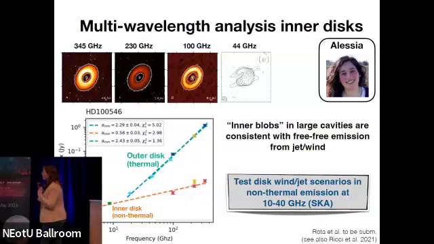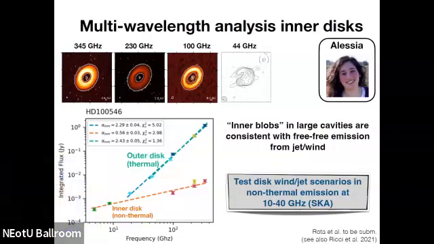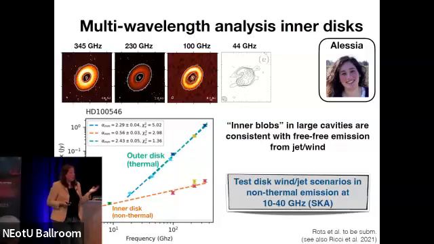There is a really cool result that I want to advertise by my PhD student, Alessia Rota. The paper is very close to submission, so I expect it to be on arXiv soon. In this study, we looked at the central emission of some of these transition disks, this tiny blob here in the middle, at multiple wavelengths. And what we found is that even though the spectral slope of the outer disk, this outer dust ring, is very steep, consistent with thermal emission, the inner disk is almost flat, consistent with free-free emission.